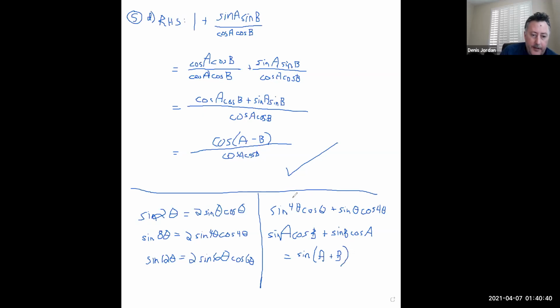The 4 theta is like the A, and the theta is like the B. So you can just go ahead and use it.